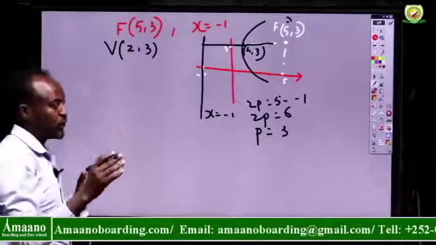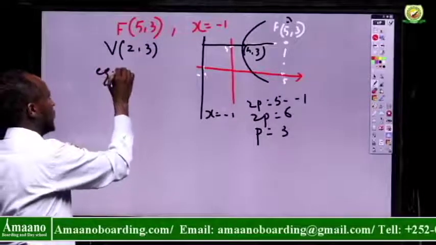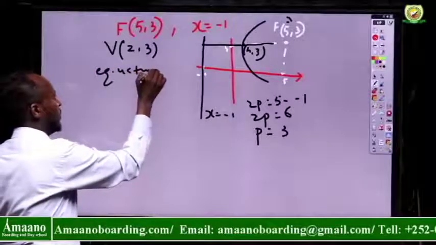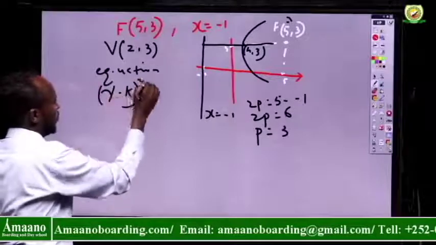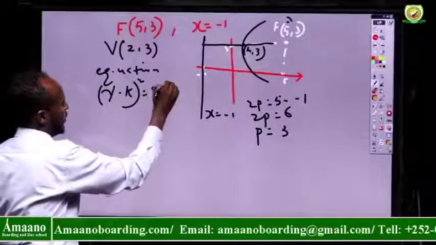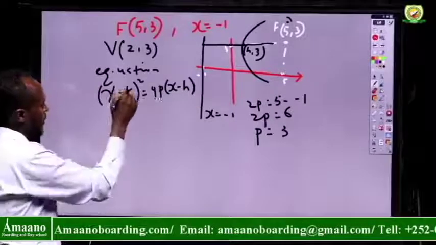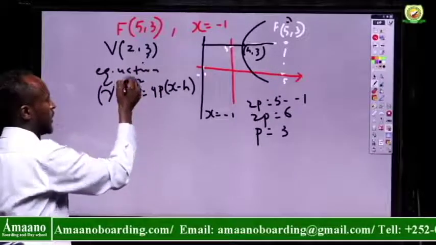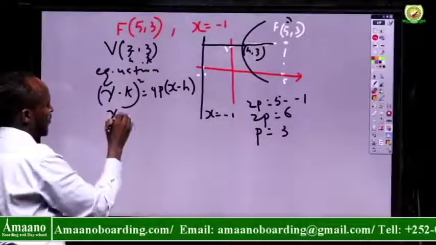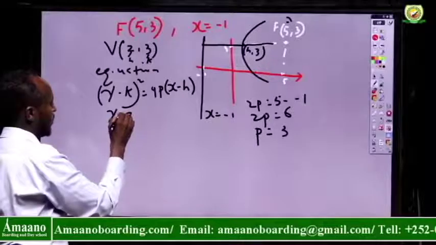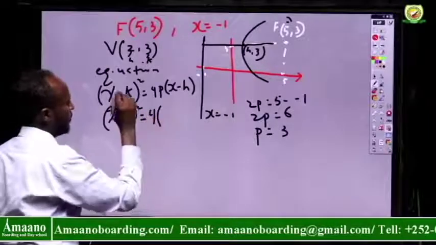As long as we have the coordinates of the vertex, our equation takes the form (y - k)² = 4p(x - h). Let us substitute the letters. What is the value of k? That one is k and this one is h. So (y - 3)² = 4 times p.